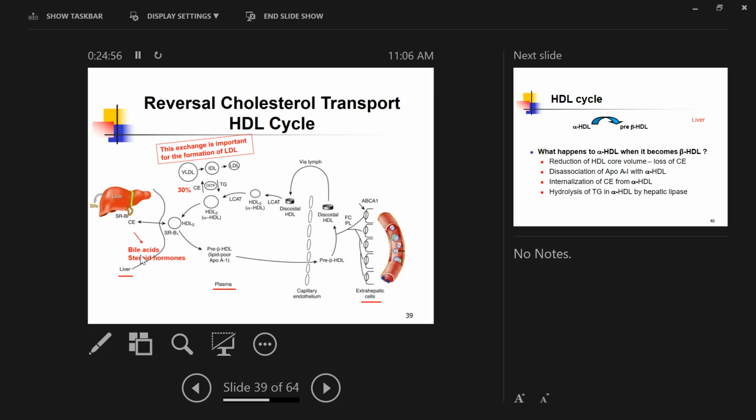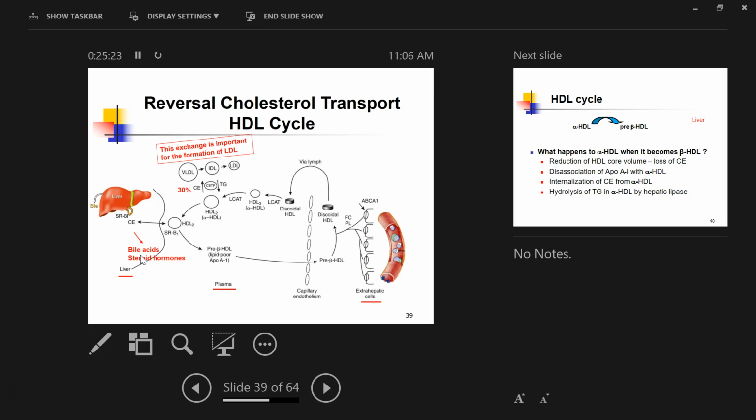And after exchanging lipids with VLDL, IDL, and LDL, the alpha HDL gets more and more triglyceride and gives some cholesterol esters to VLDL and the other lipoproteins.